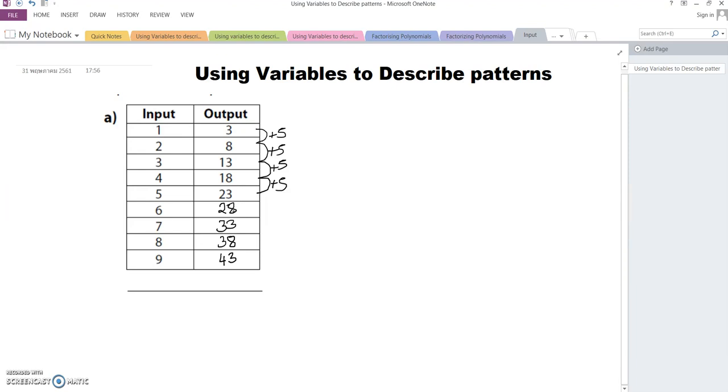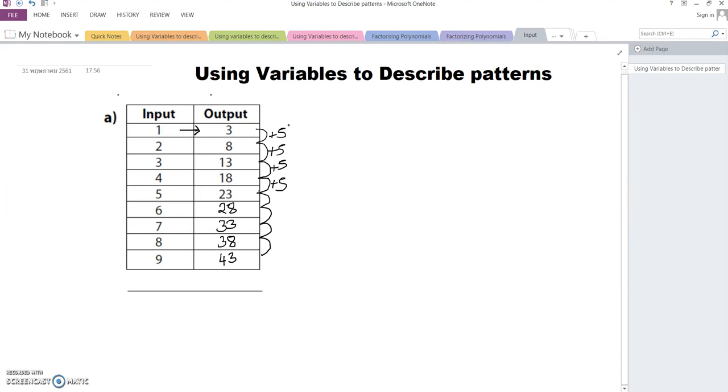What we will be doing next is we'll be seeing what is the correlation with the input and the output machines for all of these. Since we know that the output is being added by 5 every time, that means what happens with the input is it is getting multiplied by 5.